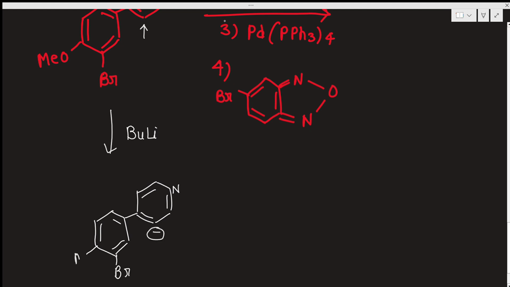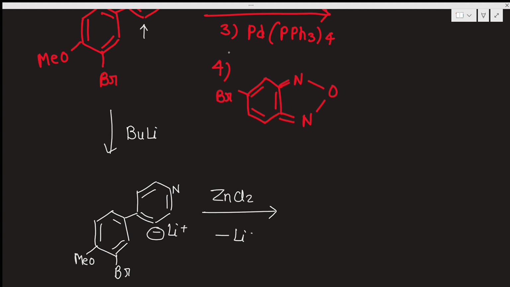So you are getting an ion in this manner. Now in the second step it is treated with ZnCl2. Okay, here actually, if you see, this will be just in this manner. Here is the minus charge and here will be Li in plus manner. Okay, so LiCl will leave out.